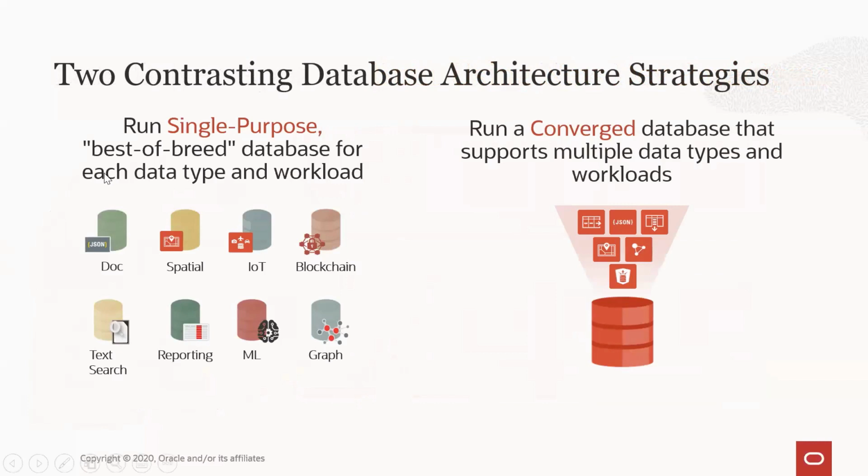The first one being, do you use multiple single-purpose databases, also referred to as the best-of-breed databases, each of which is specialized for a specific data type or workload, or do you run a converged database that supports all data types, all data models, and all workloads?